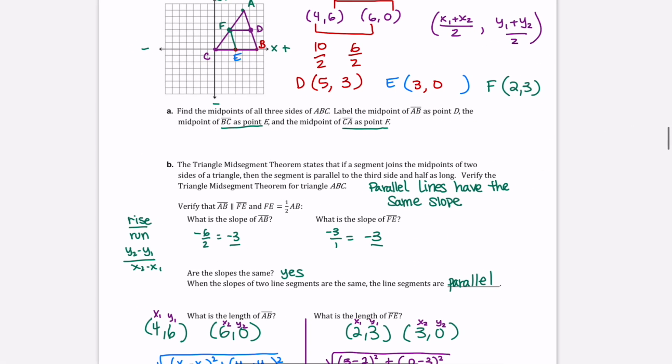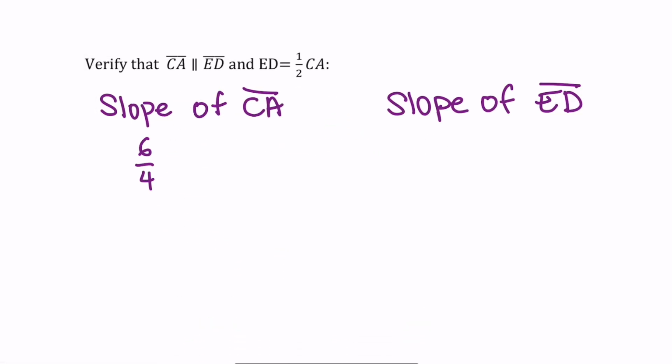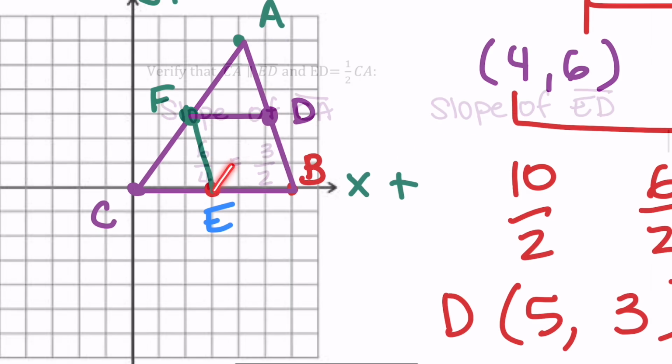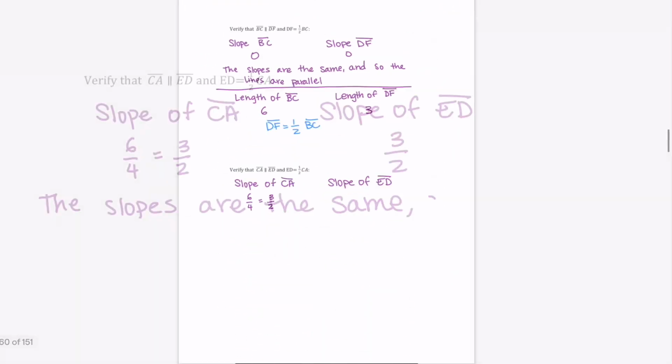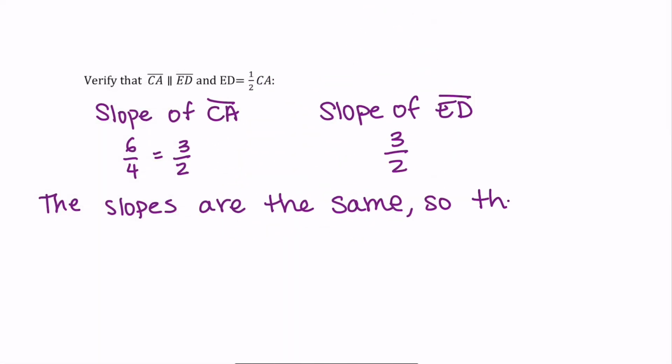So 6 over 4 is my slope of CA. That reduces to 3 over 2. Now let's look at ED. If I'm looking at this line from E to D, my rise is up 1, 2, 3. My run is over 2, so up 3 over 2. The slopes of these two lines are the same, so the lines have to be parallel.